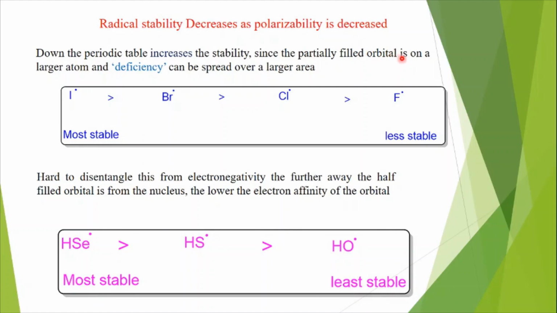The partially filled orbital is on the smaller atom, and the deficiency can spread over a smaller area. That's why it's less stable, and this HS is more stable because the partially filled orbital is on the larger atom, and the deficiency can spread over a large area due to its big size.